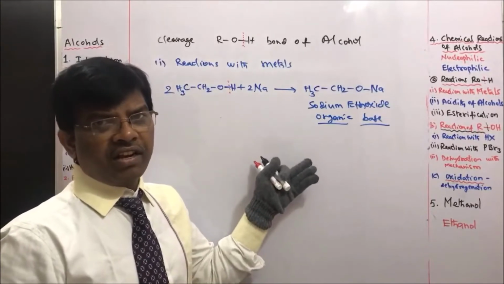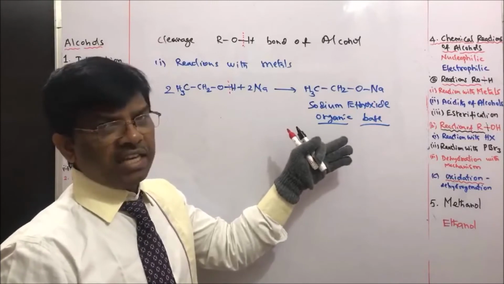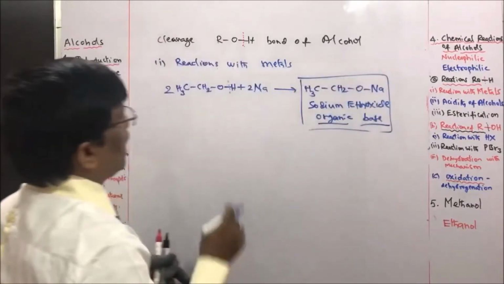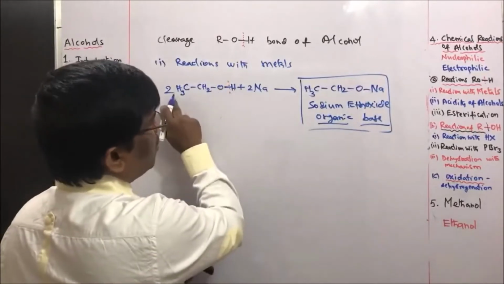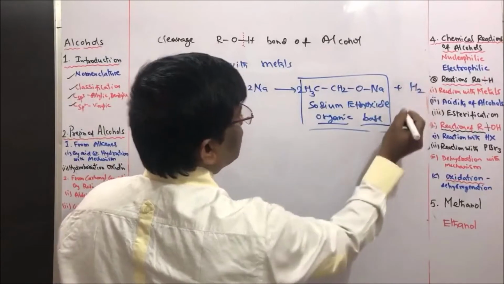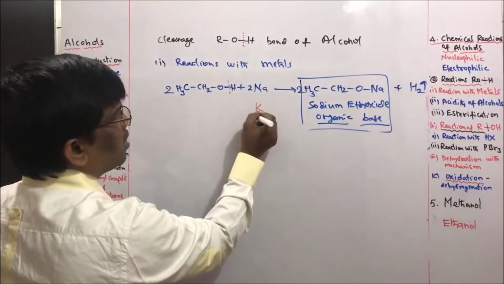We have learned some named reactions. This sodium ethoxide is used in named reactions, as an organic base. And this hydrogen, since we are using 2 moles, write down H2 going out. In place of sodium, you can use potassium also.